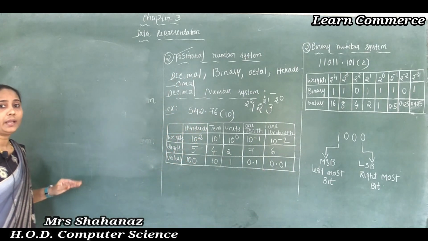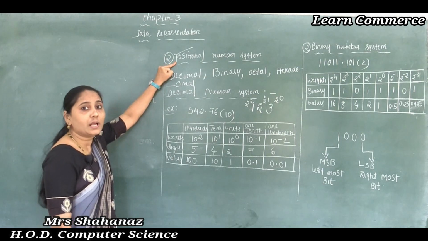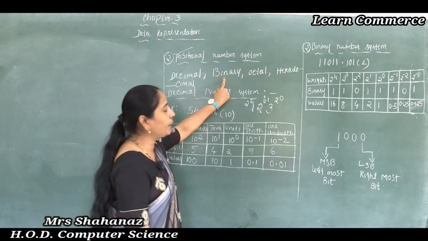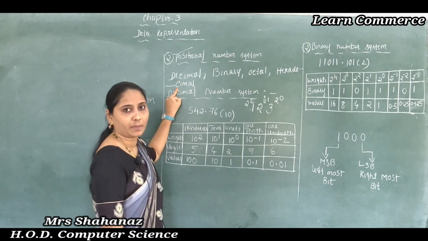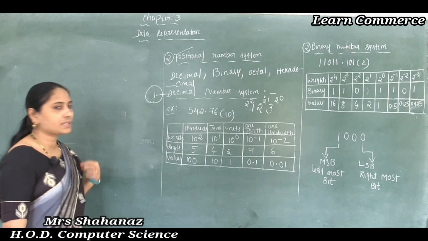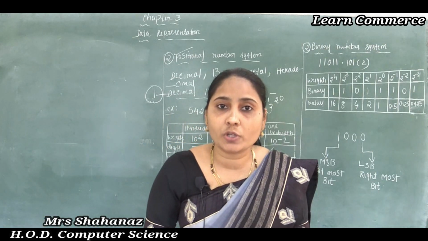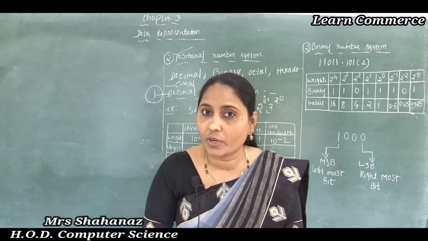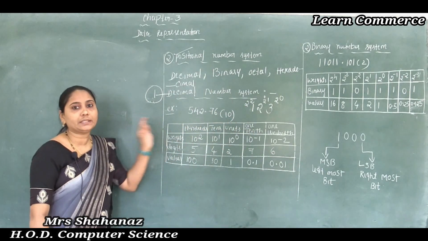Finally we can say that the positional number system includes the decimal number system, binary number system, octal number system and hexadecimal number system, correct no. Now let's select the first number system, the decimal number system here. You have to listen properly, because if you want to solve any number conversion, then you should know the meaning or the explanation of each number system.